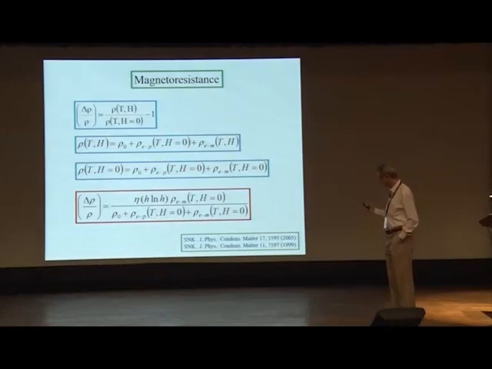Now I want to remind you of one thing: what I showed you earlier with the zero field resistivity is that we have got all these terms, for the whole temperature range completely. So we had a correct description for the resistivity in zero field.